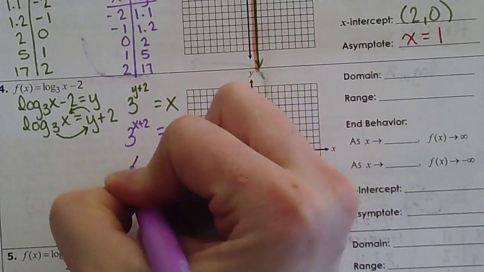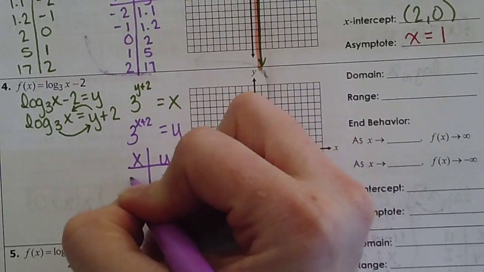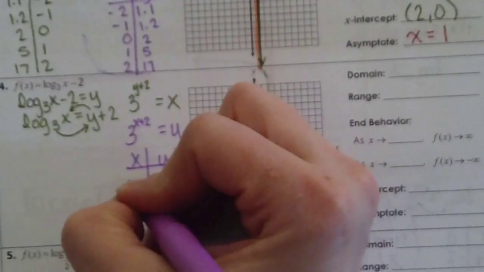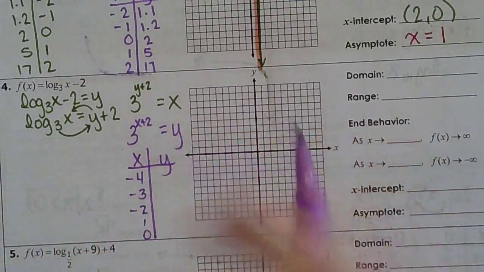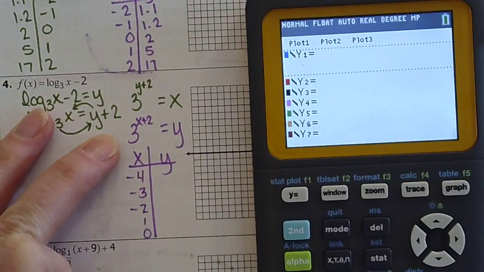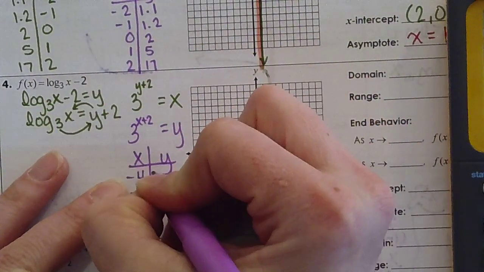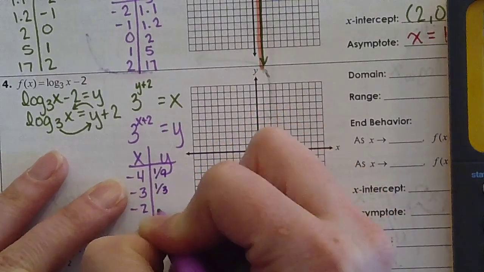Make a table of points. If this goes left 2, I want to start in my table at -4. 1/9, 1/3, 1.